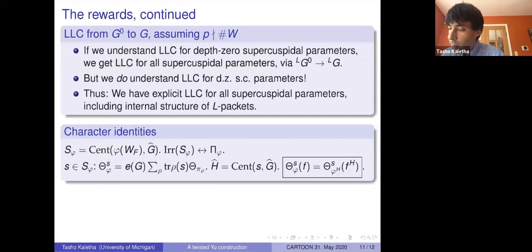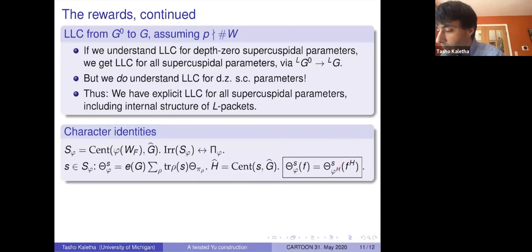And the character identities are the following identity. You have a virtual character on G, and you have another one on H, simply because the parameter phi factors through H the way things are set up. And you say that those two virtual characters have to be the same in the sense that if you evaluate one at f, then the other one is evaluated at the so-called transfer of f.